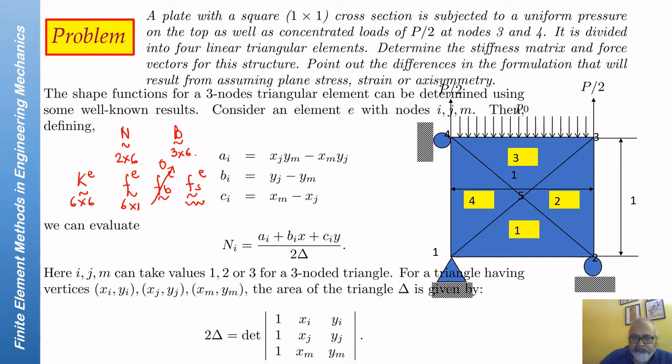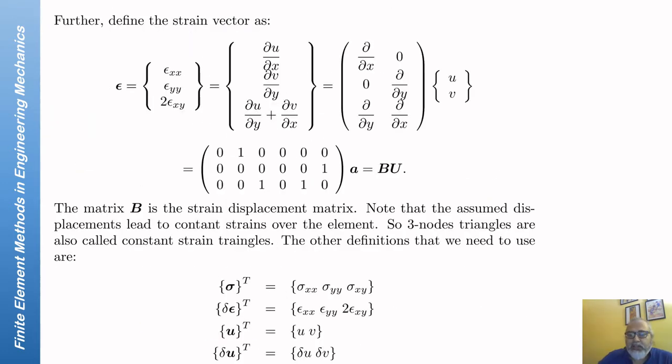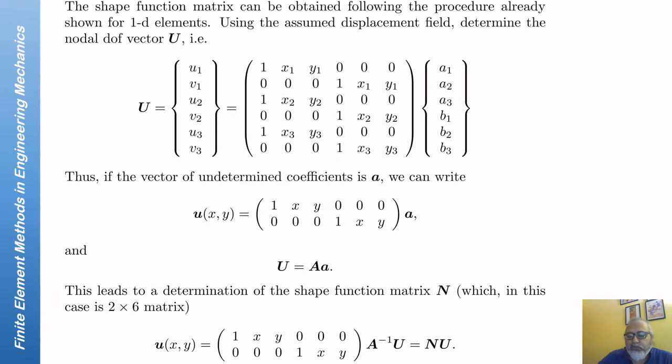So these are the things that we need to do, and as we have mentioned in the last lecture, when we use the assumed displacement method, the shape function matrices are calculated in this manner.